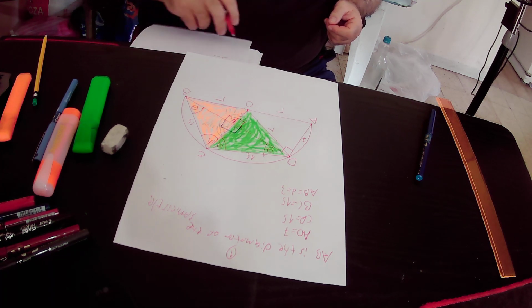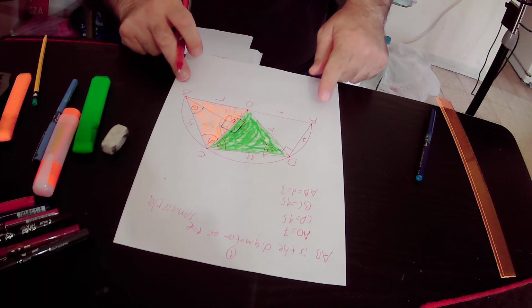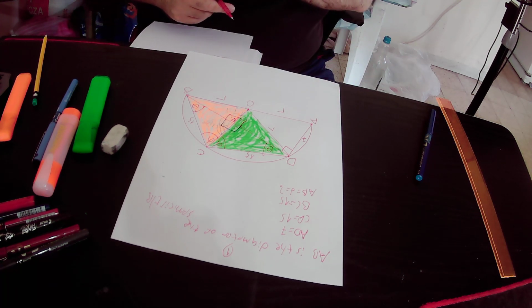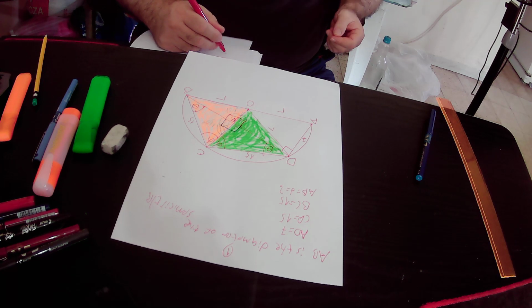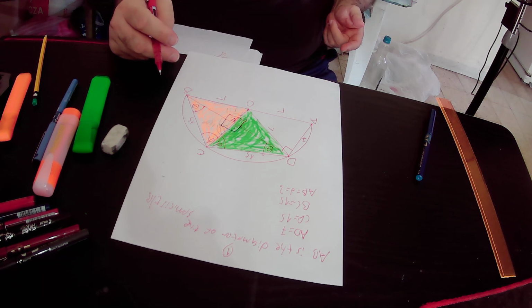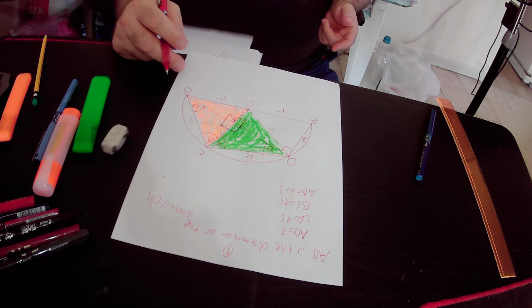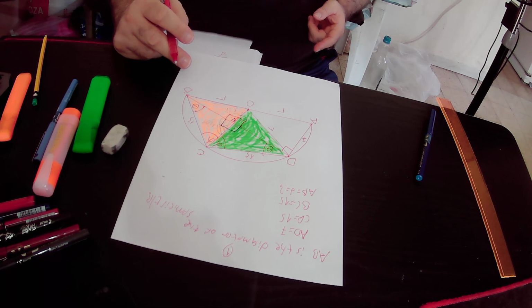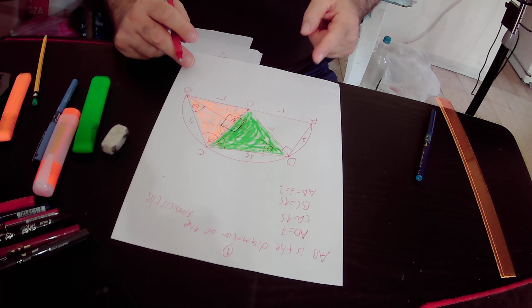So what is the value of AB? AB equals R plus R. AB is equal to 2R. AB is defined as the diameter of this semicircle, so we know that AB equals 2R even without looking at the drawing itself.